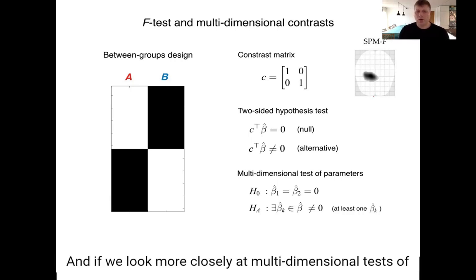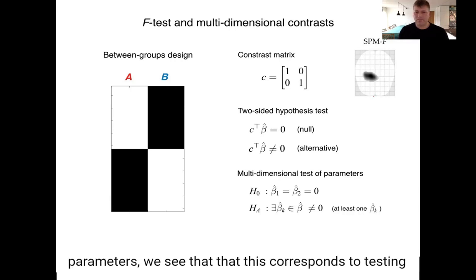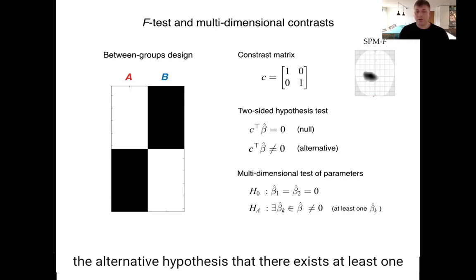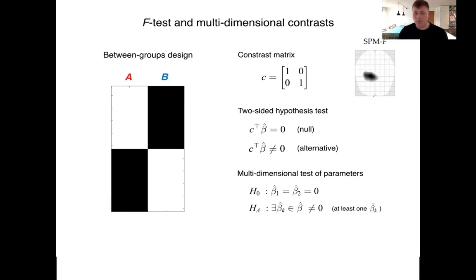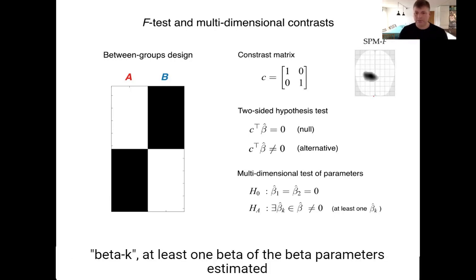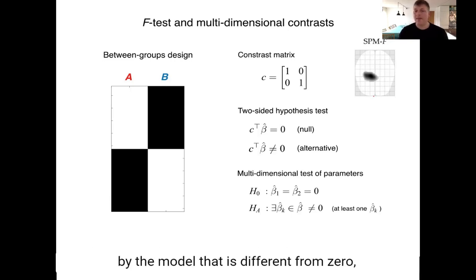And if we look more closely at multidimensional tests of parameters, we see that this corresponds to testing the alternative hypothesis that there exists at least one beta k, so at least one of the beta parameters estimated by the model, that is different from 0, so either positive or negative. So it's a test of at least one.